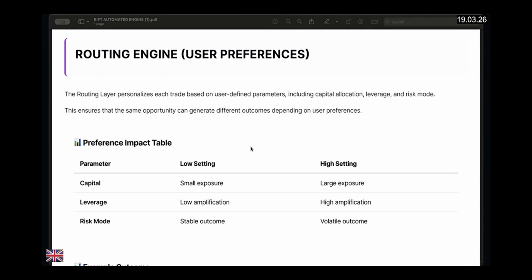Let's say we take an example of a trade that is showing us a 2% move. User A goes with $100 with 1x leverage, that makes him $2. User B goes with $100, takes 5x leverage and makes $10 and exits.